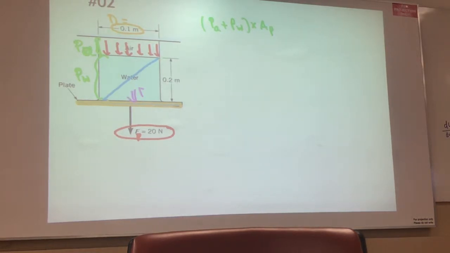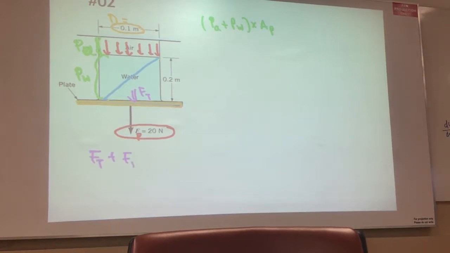Total force Ft. So force balance tells me Ft plus Fp is equivalent to 0. Agree? Because the mass of the piston, mg, is neglected according to the question.